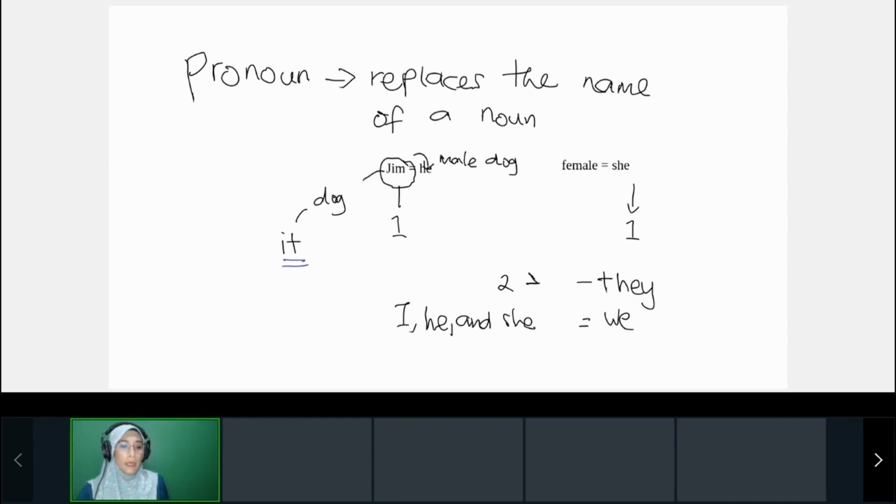As far as now, we have he, we have she, we have they, we have we, we have it, and we are missing out I and one more.